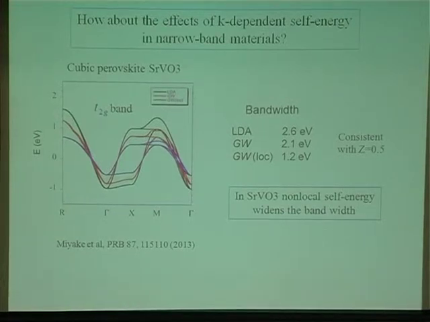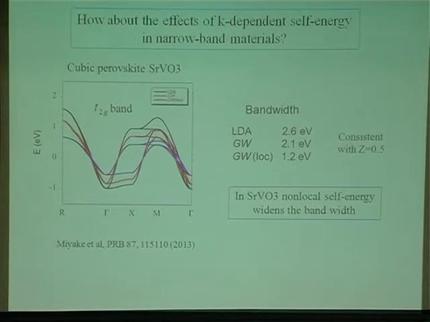This means that if you neglect the K-dependence of the self-energy, then essentially you just get a band narrowing coming from the Z factor, or the renormalization factor. This is consistent with this picture here, because the Z factor for this system is about a half. That is approximately what we get when we go from LDA to GW local. So that's about 1/2.